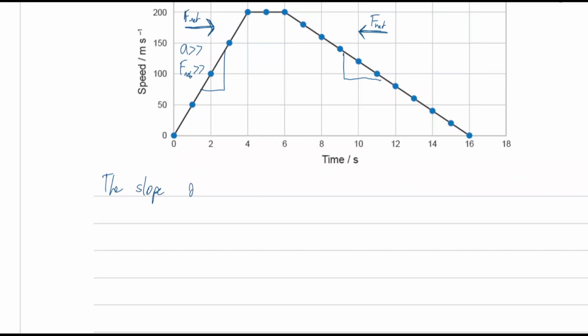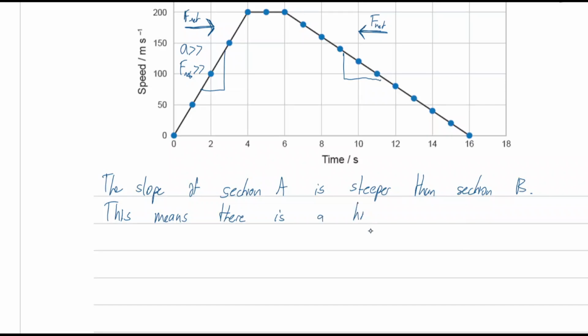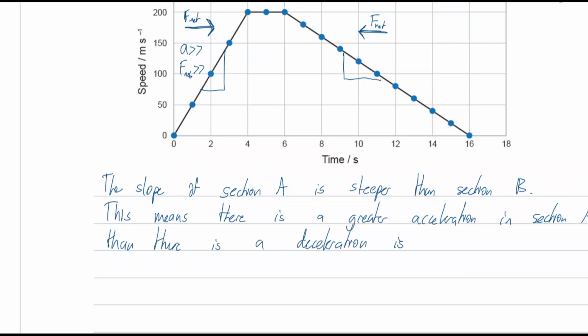So the slope or the gradient of section A is steeper than section B. This means there is a higher or greater acceleration in section A than there is a deceleration in section B.